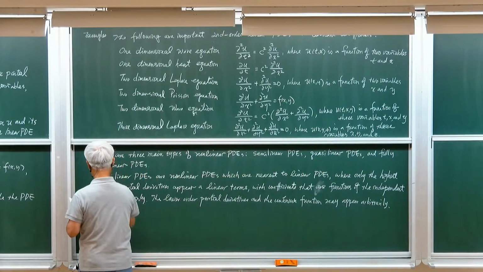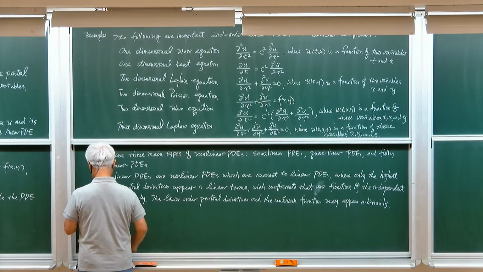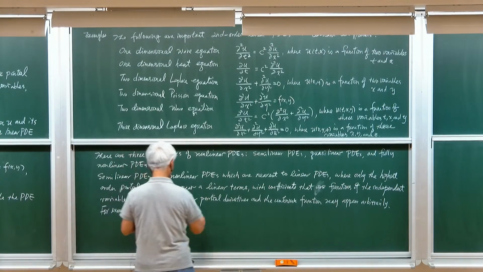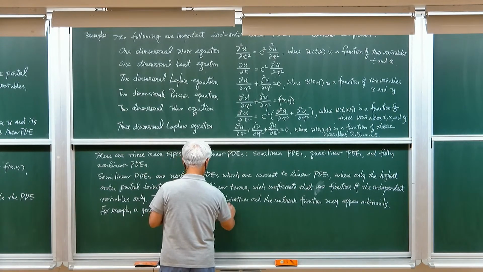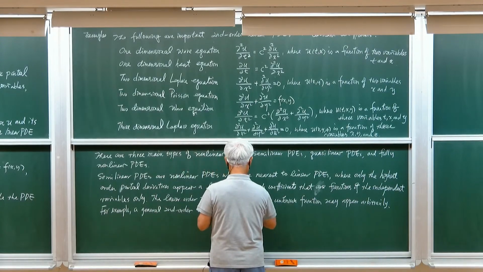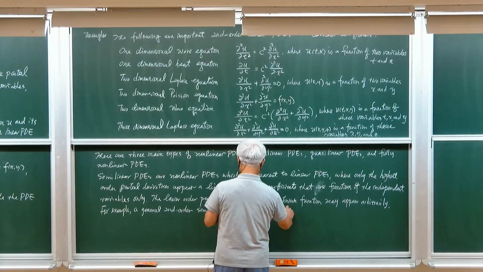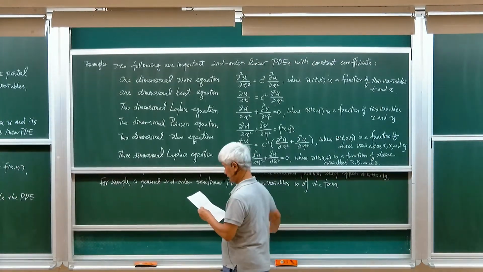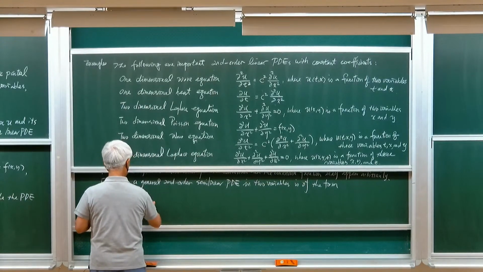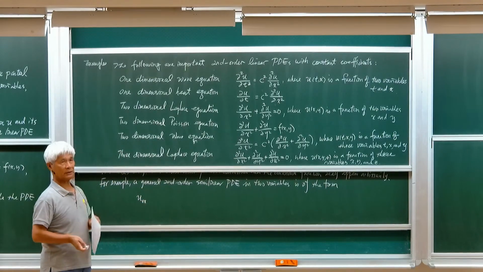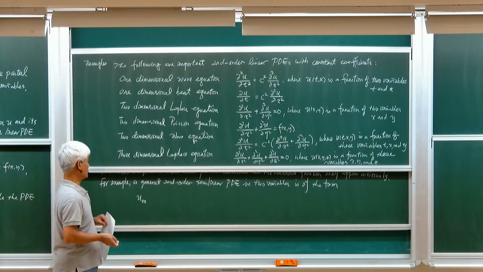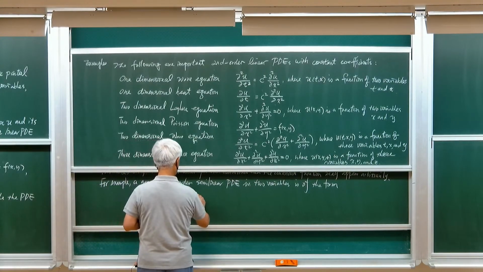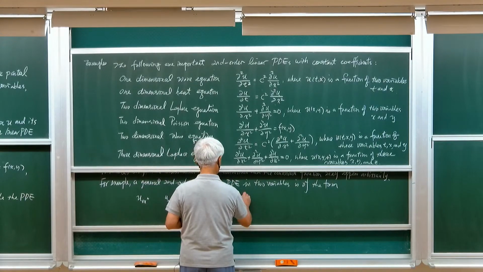So we take an example. A general second-order semi-linear PDE in two variables is of the form... Because it's second order, the highest order partial derivatives that appear will be uxx, uxy, uyx, uyy.